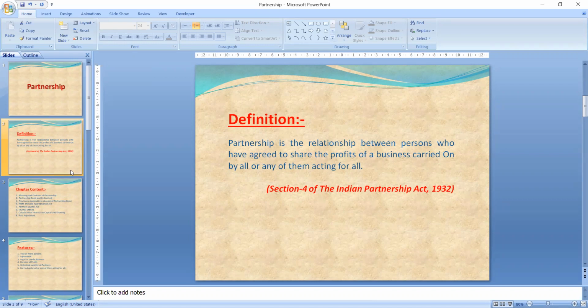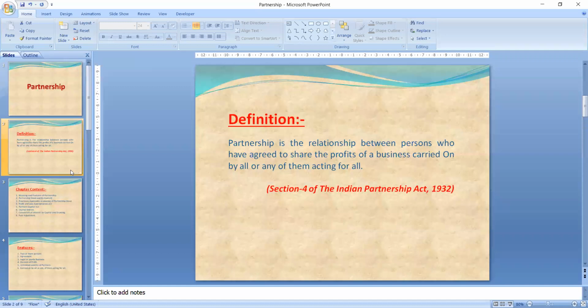Now, the definition says that partnership is the relationship between persons who have agreed to share the profit of a business carried on by all or any of them acting for all.